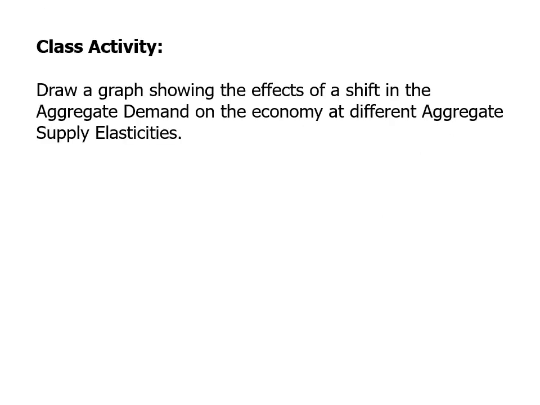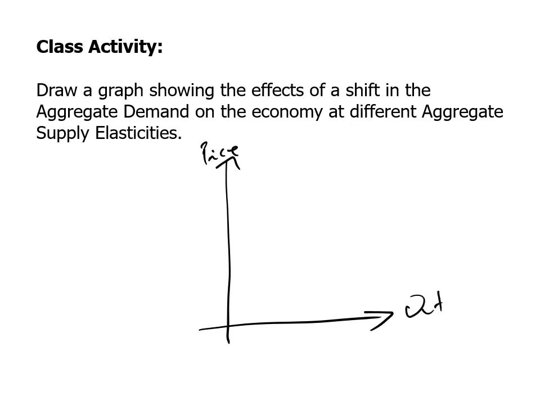Good. All right, finally, what's your class activity? Please draw a graph showing the effects of a shift in the aggregate demand on the economy at different aggregate supply elasticities. Okay, so you're going to have your prices. You're going to have your output and income. You're going to have your aggregate supply curve. Okay, then you're going to have your demands.